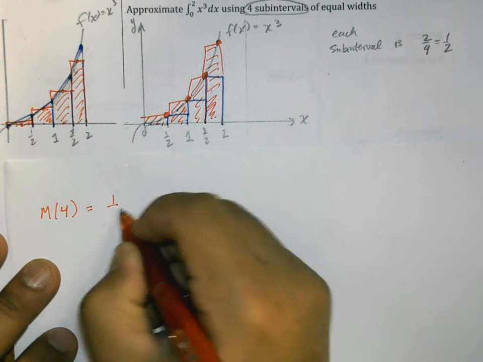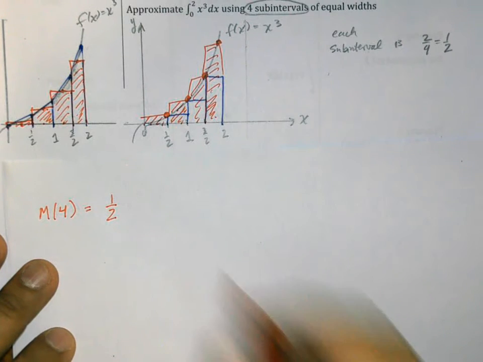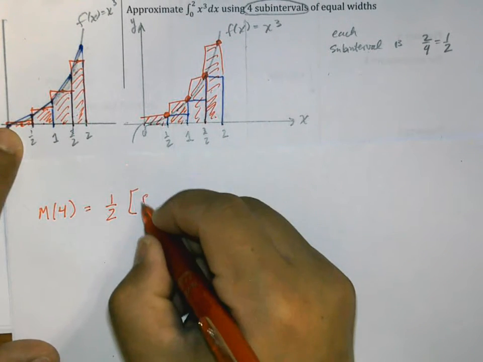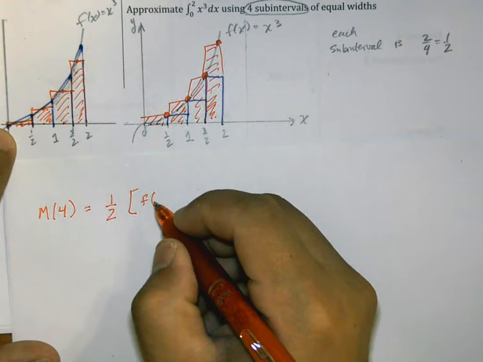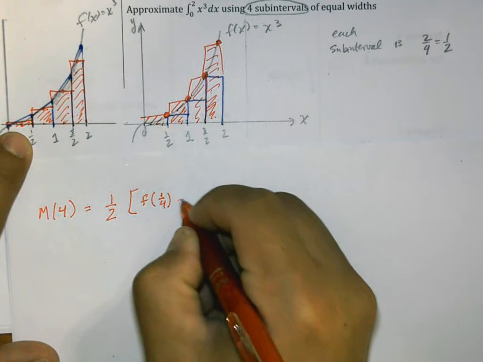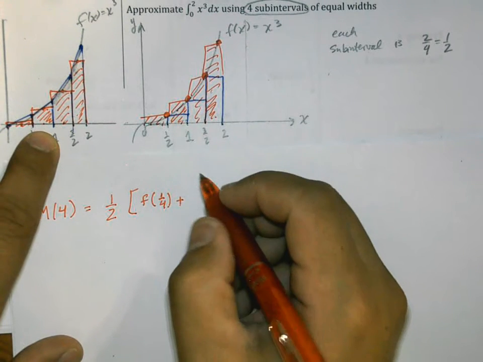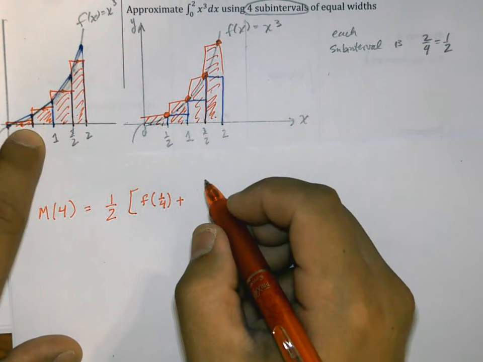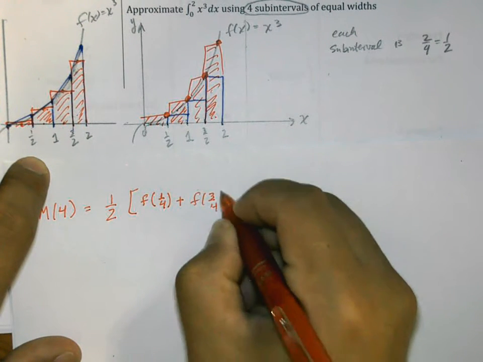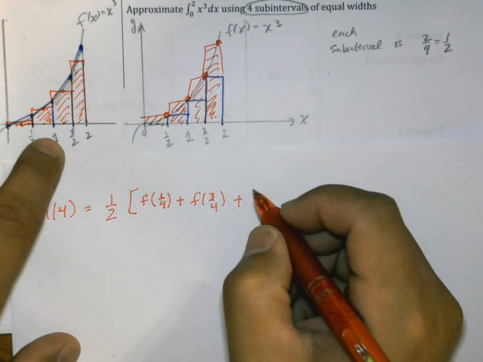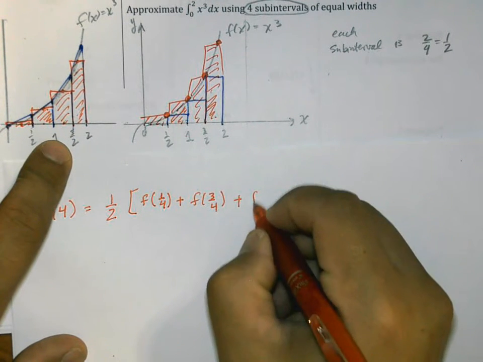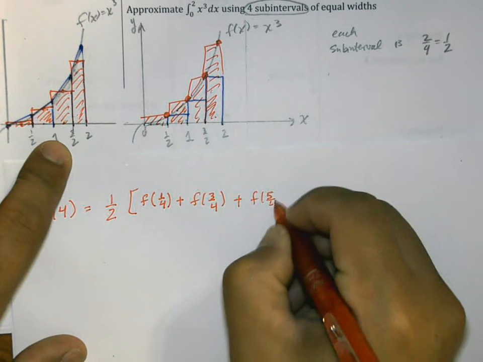So each one of them has a width of 1/2, and the height, though, is going to be f of 0.25, because that's between 0 and 1/2. Then f of 0.75, or 3/4, because that's between 1/2 and 1. I'm sorry, 3/4. Then f of, this is between 1 and 1.5, so 1.25, or 5/4.